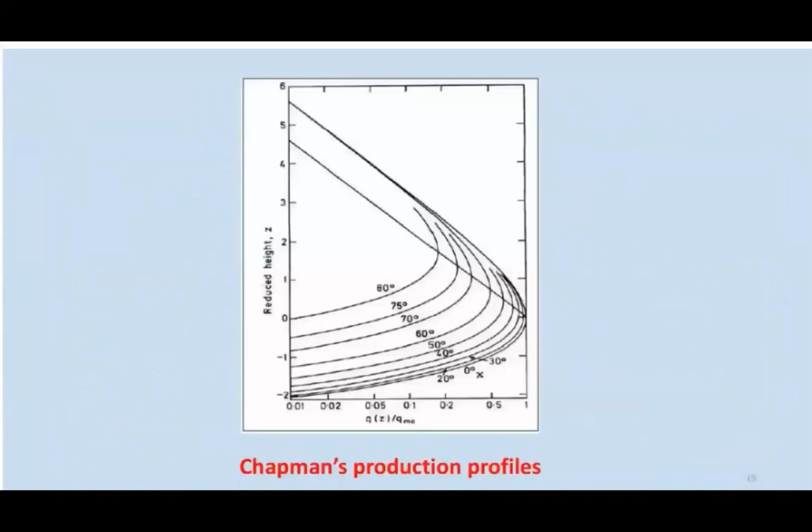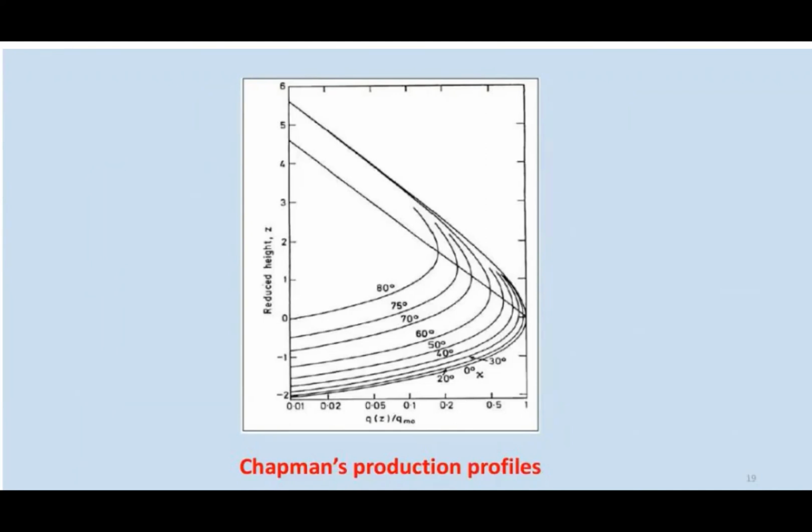So this is Chapman's production function, which shows that the production rate Q is a function of the reduced height z as well as the solar zenith angle chi. This graph shows, each curve for a different value of the solar zenith angle, varying from 0 to about 80 degrees, and this is the reduced height z. With respect to height, the production rate varies like this.